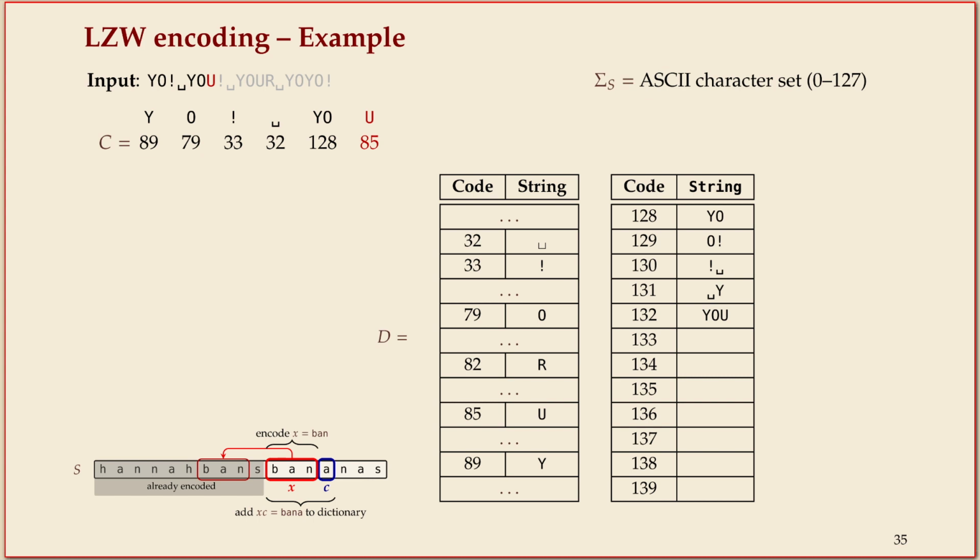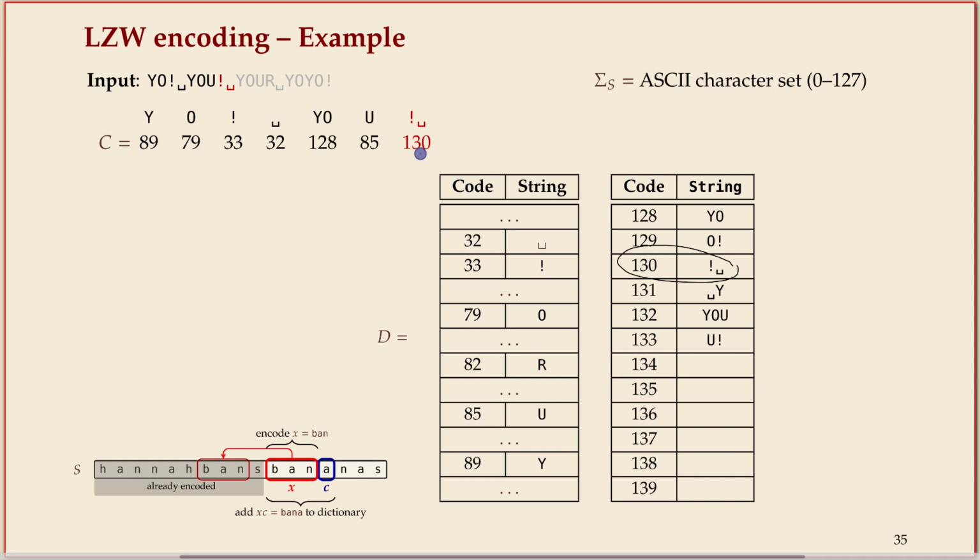All right. For u, we have nothing that starts with u so far, so we'll get a single character, but we'll add a new phrase with the next character to the dictionary. Well, the next example, again, we've seen exclamation mark space before, so we'll get a code word for that.